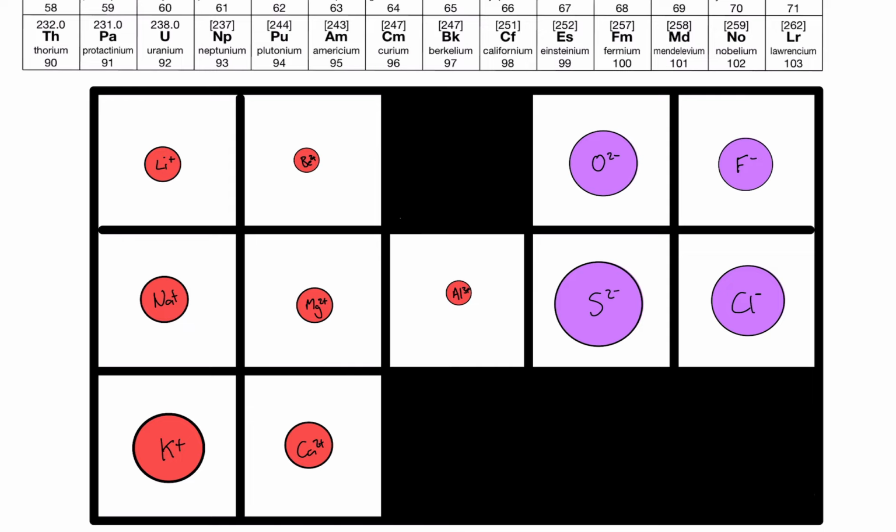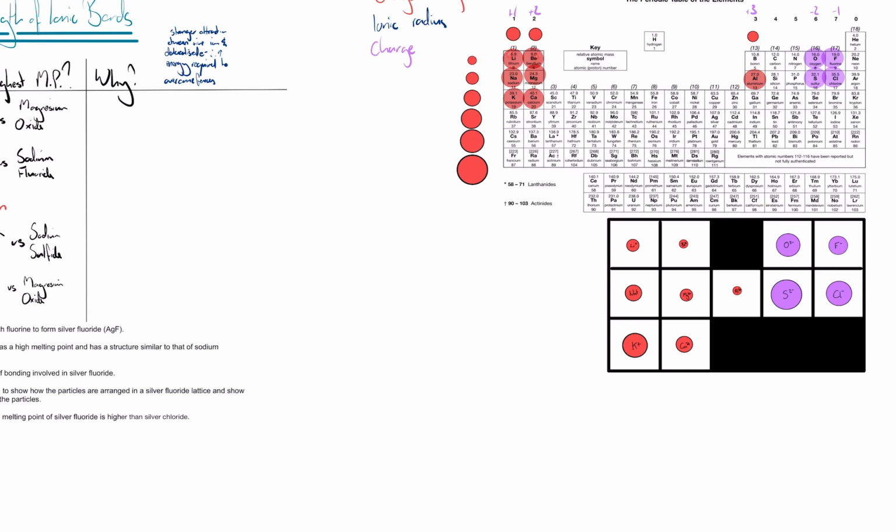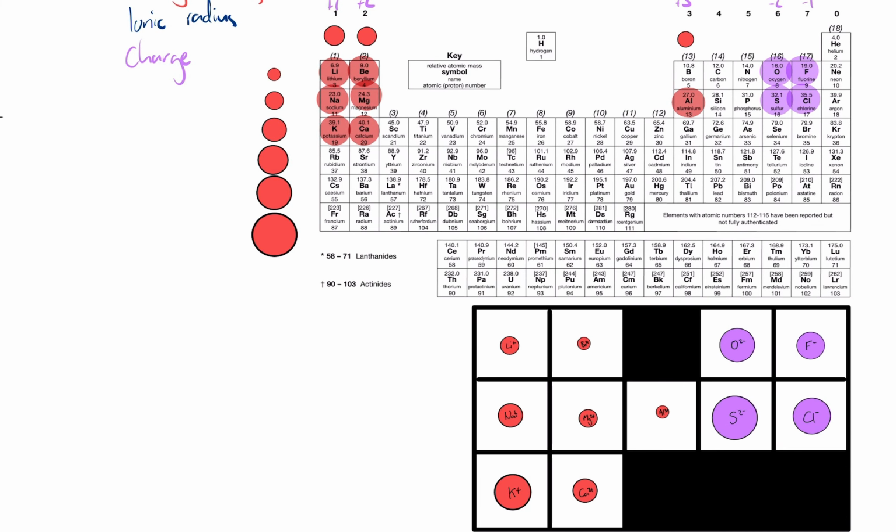You can see as we've moved across the period, so we've got lithium and beryllium here, we've got smaller, until we've got bigger with our minus charges as well, because these have gained electrons. And as we're moving down the group, we can see our ions are getting bigger.